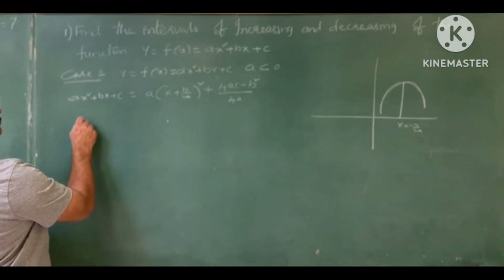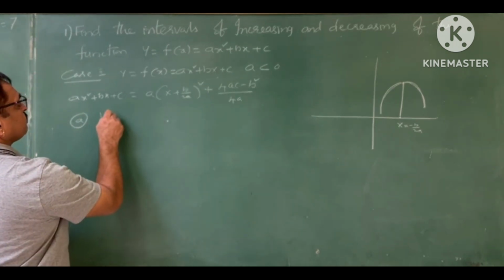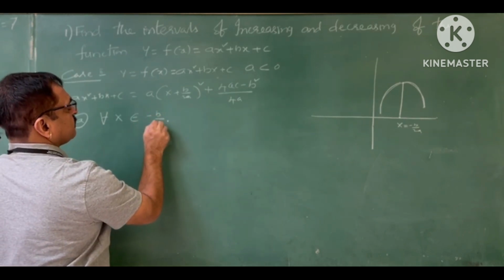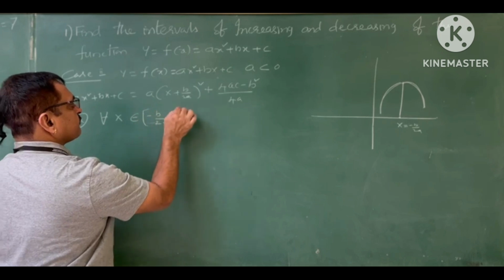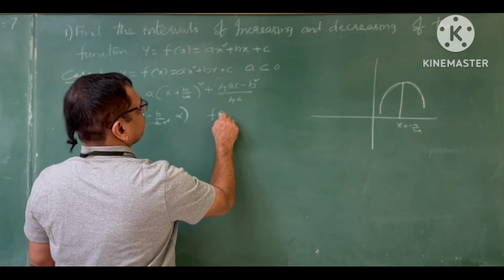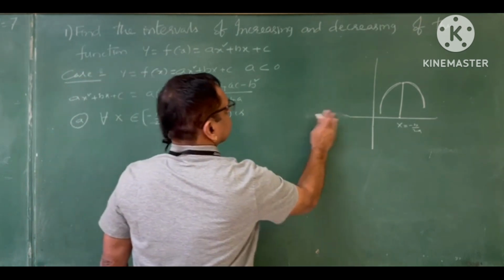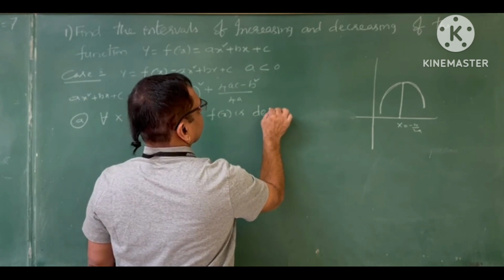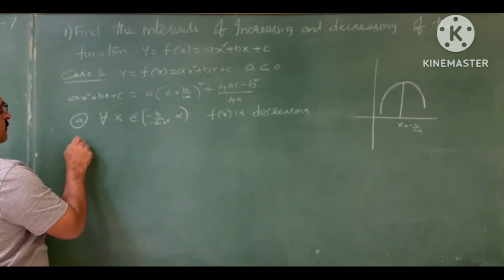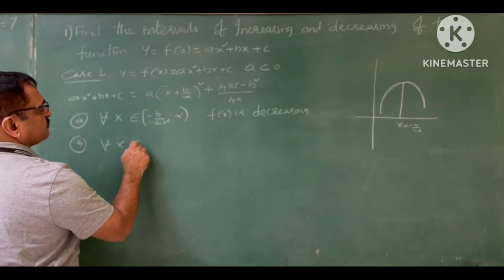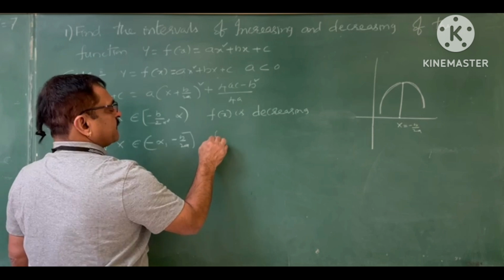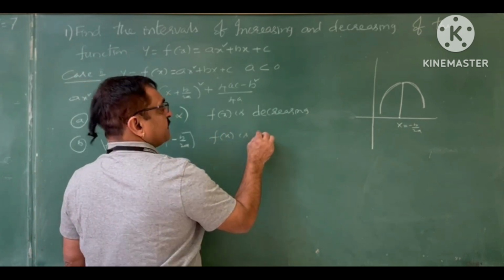Number one, for all x belongs to minus b by 2a to infinity, f of x is decreasing. And two, for all x belongs to negative infinity to minus b by 2a, my f of x is increasing.